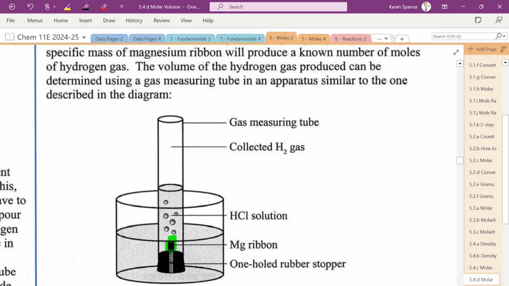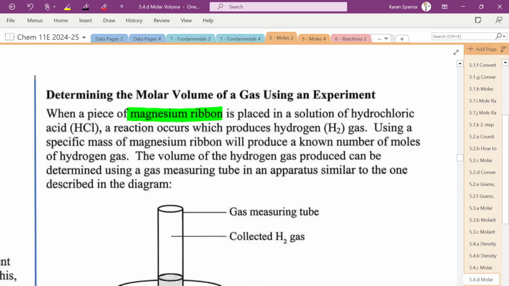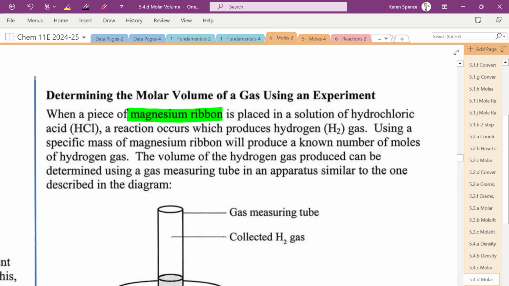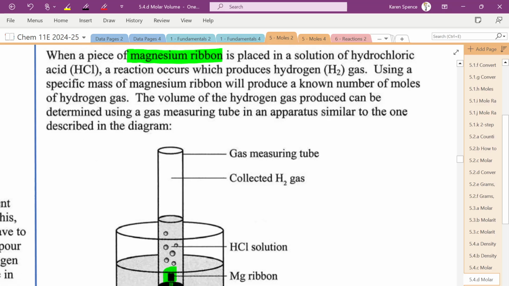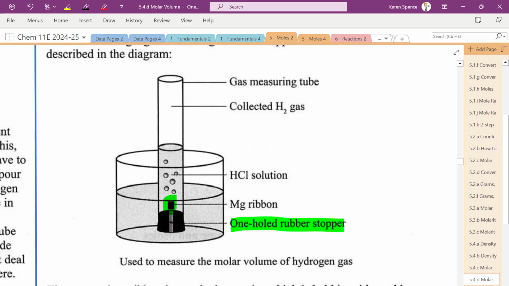Okay, here's our little magnesium ribbon there. And we have our rubber stopper with a hole in it. Okay. One-holed rubber stopper. And we place that magnesium in a solution of HCl.